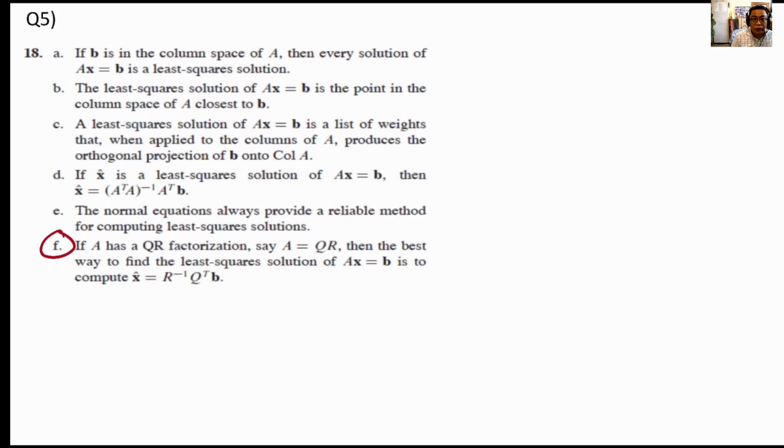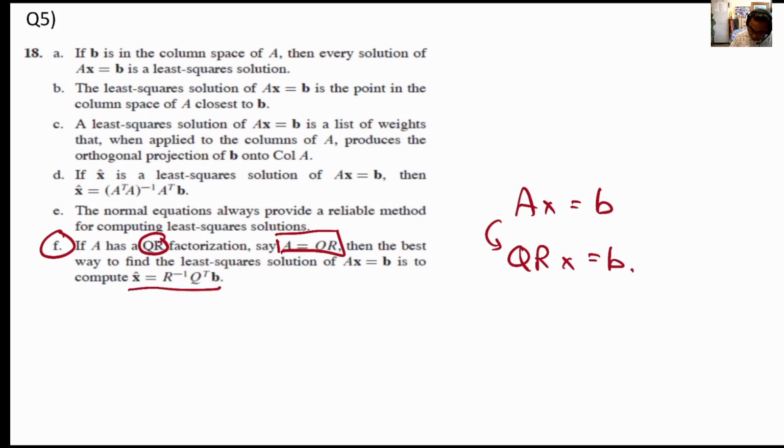In the last question, 18F, if A has a QR factorization, so basically we have AX equals B, A is factorized into QR, QRX equals B, then the best way to find the least squares solution is to do this. We remember that Q has orthonormal columns, so Q transpose Q equals I. We get Q transpose Q R X on the left hand side, and Q transpose B on the right hand side.